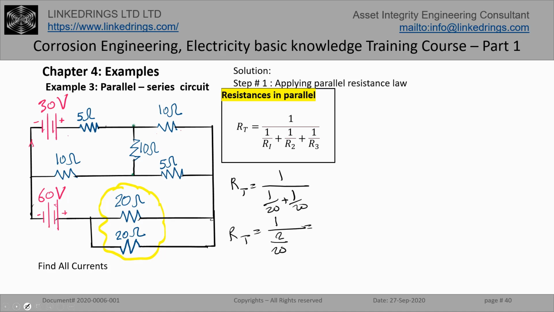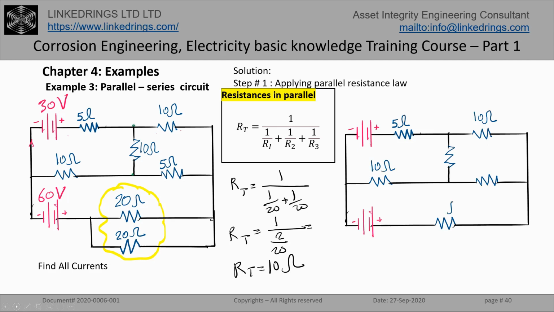As we remember, these two values are the same, so it becomes 1 plus 1, which is 2, divided by 20. So R total equals 10 ohms, because the 20 goes upside, and 20 divided by 2 is 10 ohms. Now we have a new simplified circuit, where we replace these two resistances by one resistance of 10 ohms.